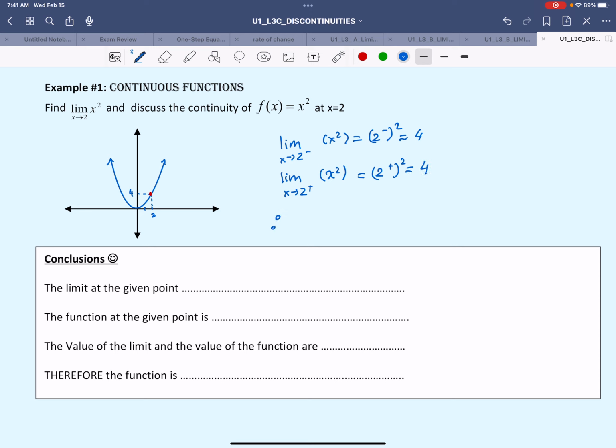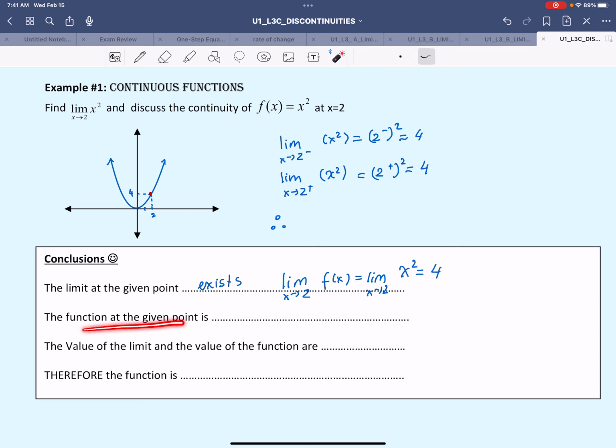So therefore, we're going to say that the limit at the given point exists. And more specifically, we'll write limit as x approaches 2 of f of x, or limit as x approaches 2 of x squared, is equal to 4.